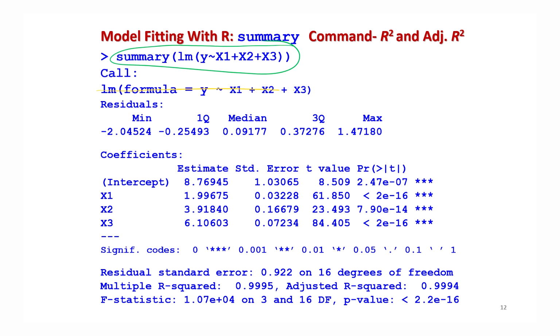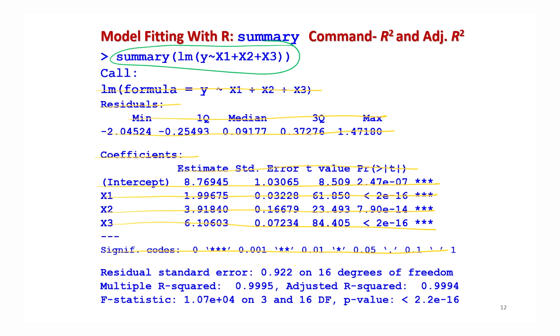You understand what this is? This is about the residuals. This is about the coefficients: estimate, standard error, t-value, p-value, that we already have done in the earlier lectures, right? So this part you have already done.